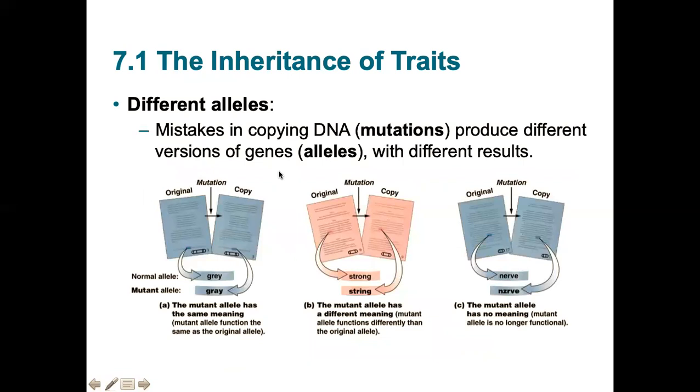And then, of course, when you're making different alleles, the way we can end up with some genetic diversity can happen in a few different ways. It can happen with mistakes, so mutations in the DNA. Remember, I said DNA mutations aren't always bad. This could just mean that you go from gray with an E to gray with an A, or strong to string, or you could end up with a mutation that doesn't make sense, and you end up with a word that doesn't make sense.